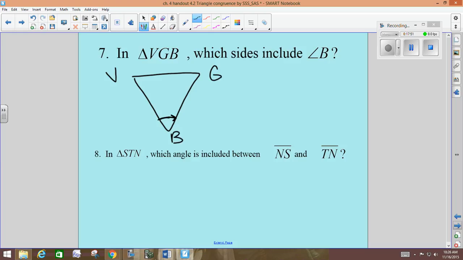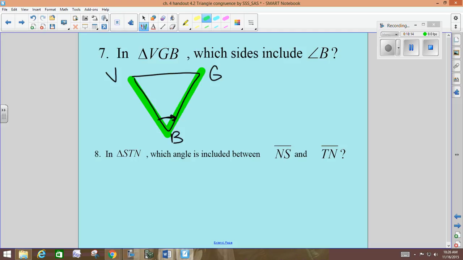Here's angle B. Which 2 sides are on the outside of it? Or angle B is between which 2 of those sides? Or which 2 sides meet at angle B? VB. And what else? GB. Good.